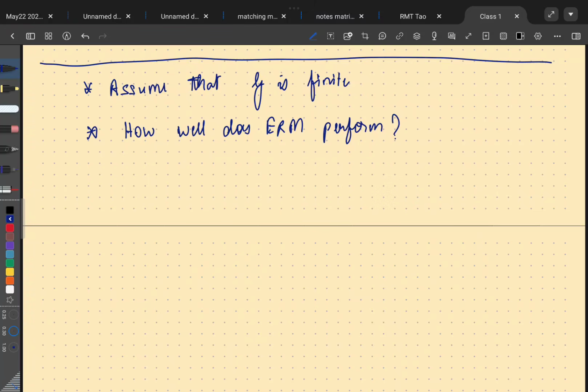This is where we use our concentration inequalities. Maybe just before we even show that ERM performs well, let's try to develop some intuition to see why we would expect ERM to perform well.